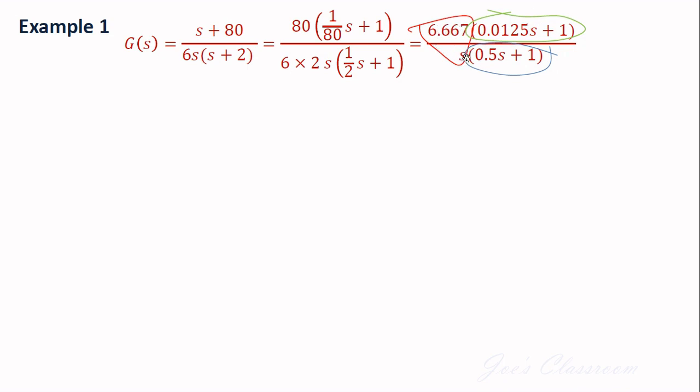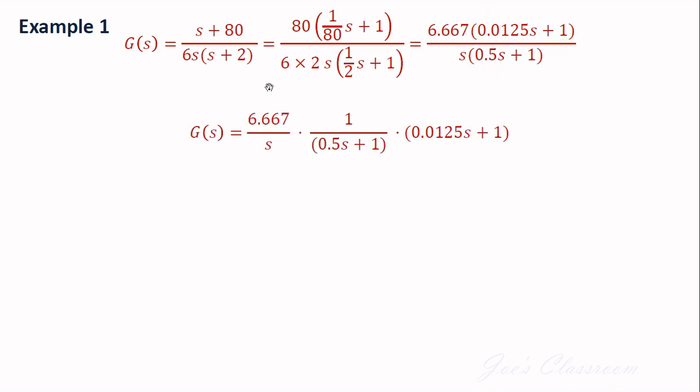This is K by s, and this is also familiar. This is 1 plus Ts, and this is 1 by 1 plus Ts. So I can very well write the given transfer function in this way. This looks beautiful because I'm very familiar with these structures.